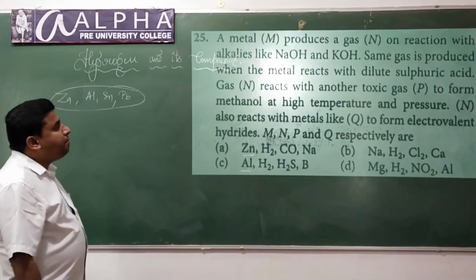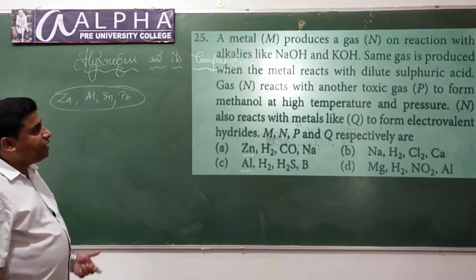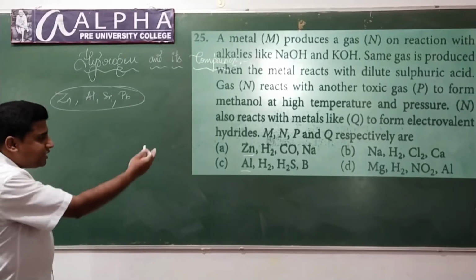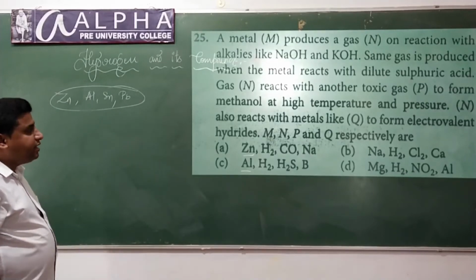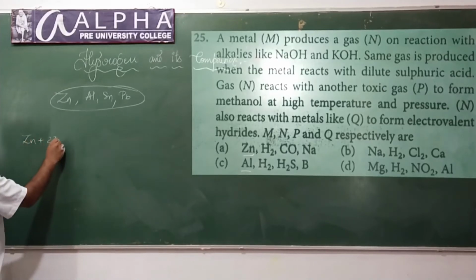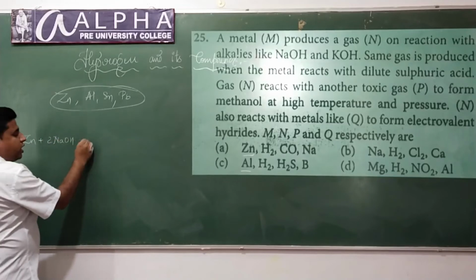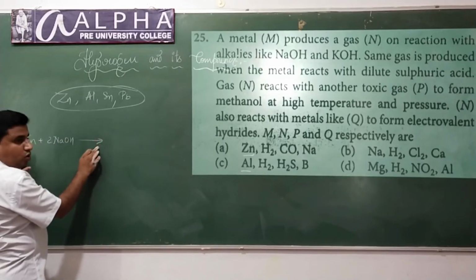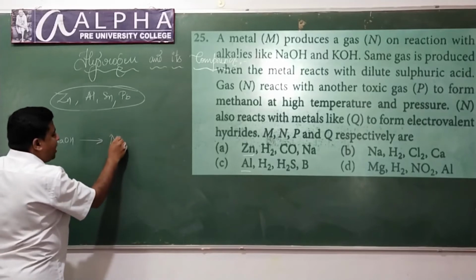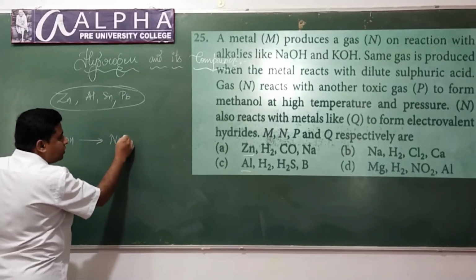A metal produces a gas N on reaction with alkalis like sodium hydroxide and potassium hydroxide. Let us take option A and write the reaction. What happens when zinc reacts with sodium hydroxide? It forms sodium zincate, Na2ZnO2.